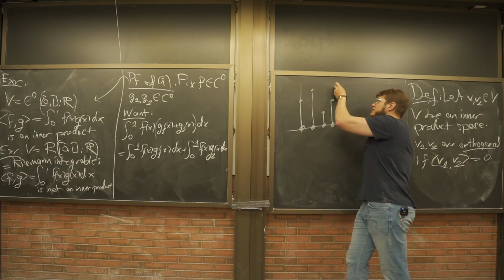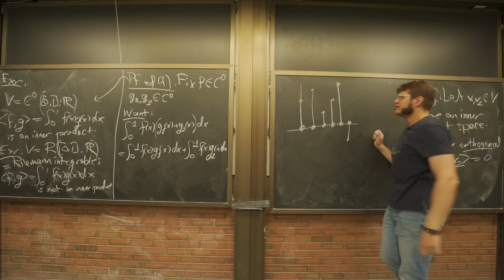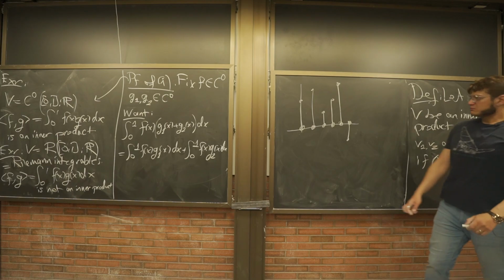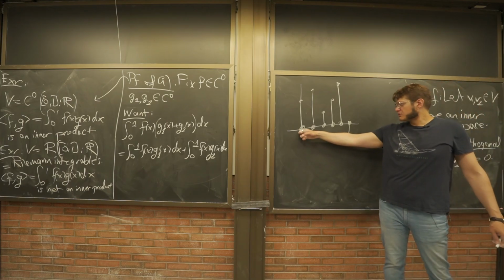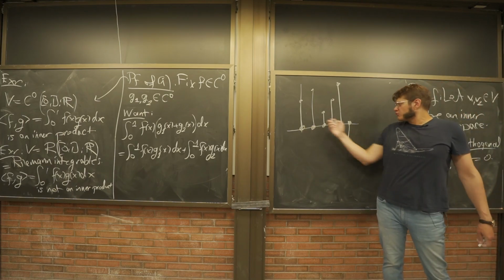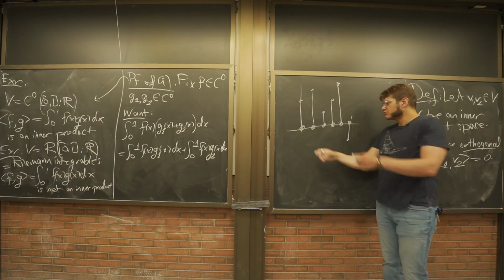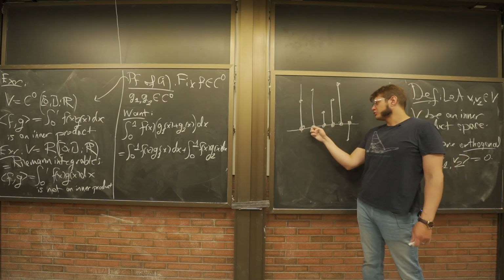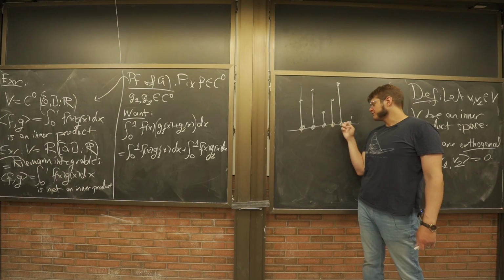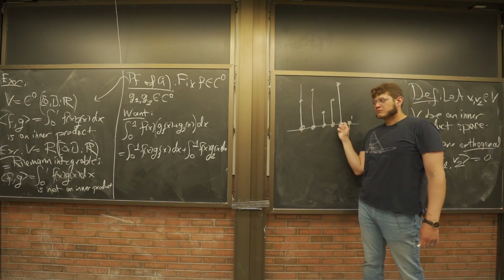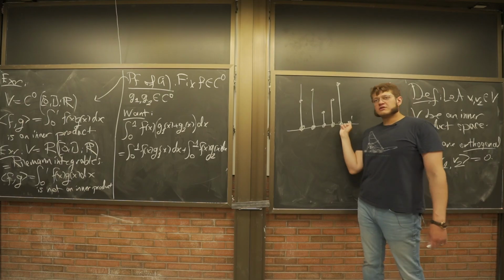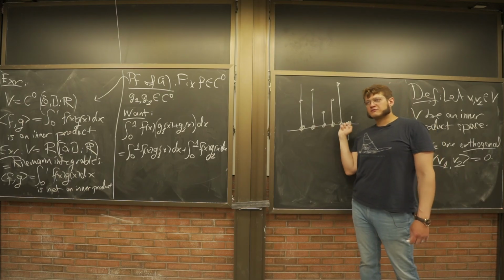If your independent variable is discrete, maybe this one is going down, this is how a function looks like. You can use integers, but if you want to keep this as 1, you would just normalize. So this would be 1 over 5, 2 over 5, 3 over 5, 4 over 5, and so on. It could work the other way around too. Maybe your signal is continuous, but you're sampling things.